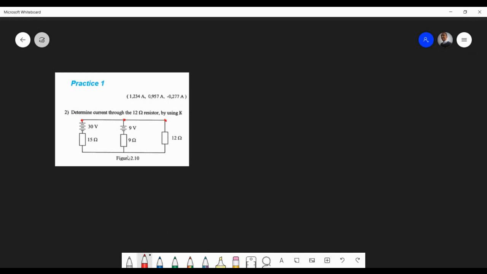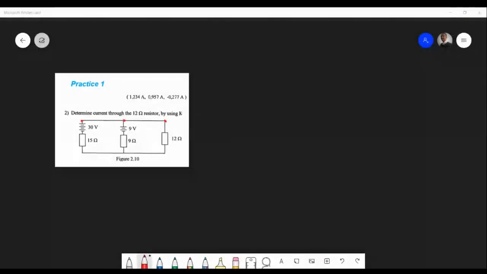What kind of circuit is this? Hello? Pataso?